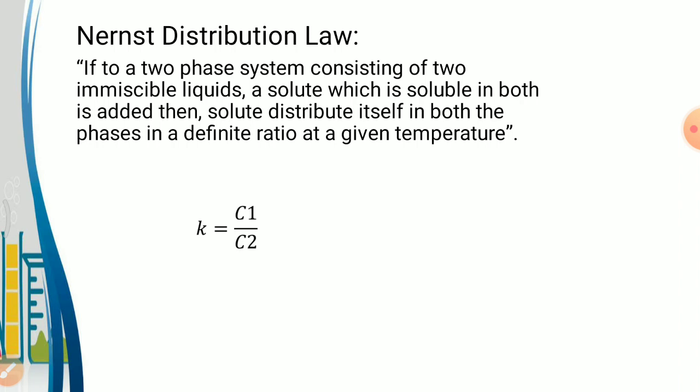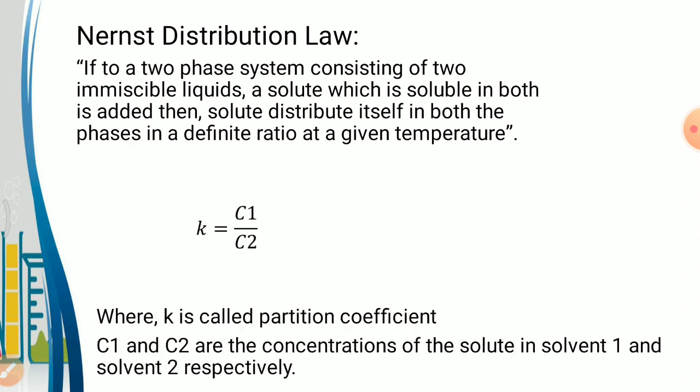In this equation, K is called the partition coefficient or distribution coefficient, while C1 and C2 are the concentrations of the solute in solvent 1 and solvent 2 respectively.